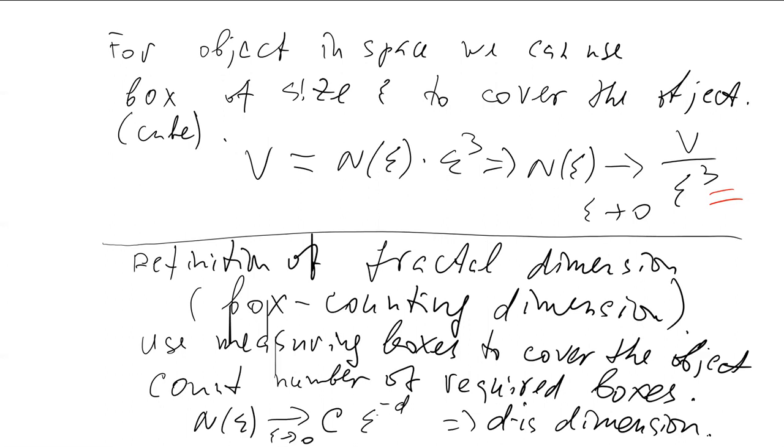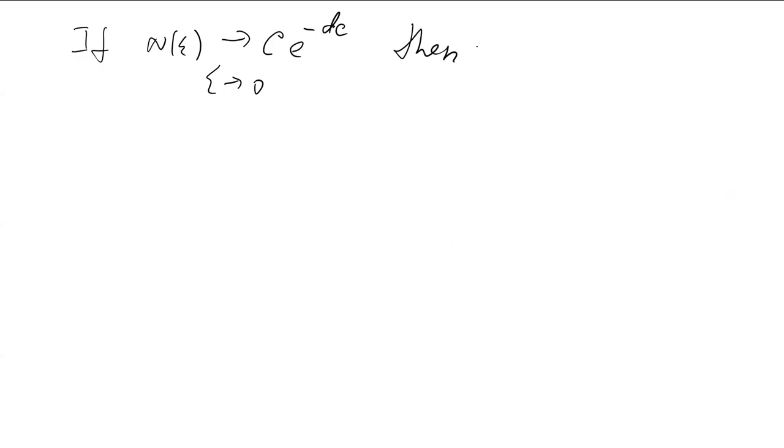So let's check how to count it. If n of epsilon tends to c times epsilon to the power of minus dc, when epsilon tends to 0, then the logarithm of n tends to the logarithm of c plus dc times the logarithm of 1 over epsilon, as epsilon tends to 0.